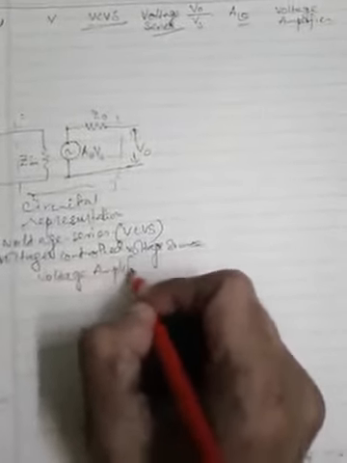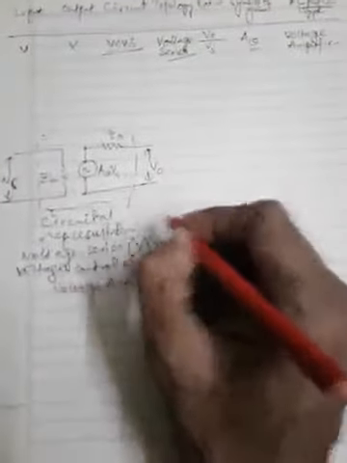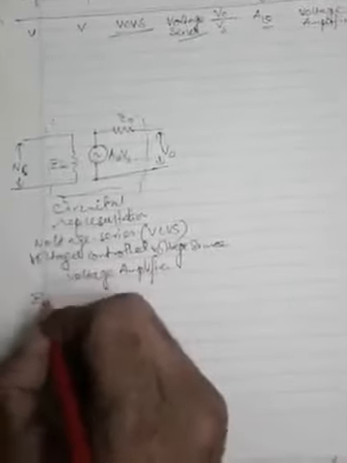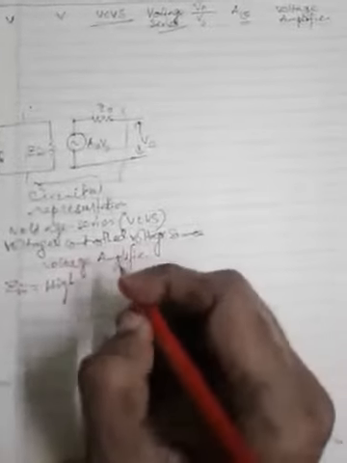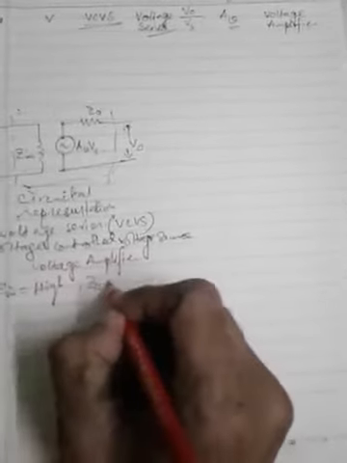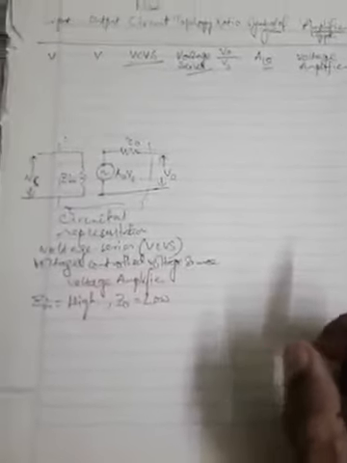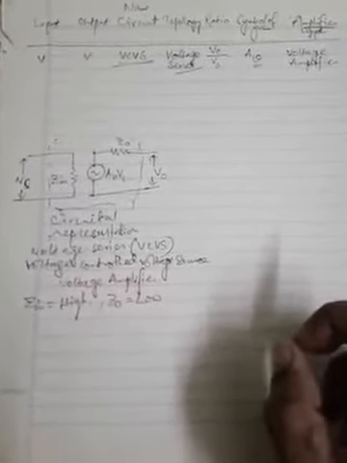And we have already found in the last lecture that for this type of amplifier, in the ideal case, its input impedance Zin is of high value, and Zout or Zo is of low value. That means due to the feedback, its impedance increases at the input side and decreases at the output side.